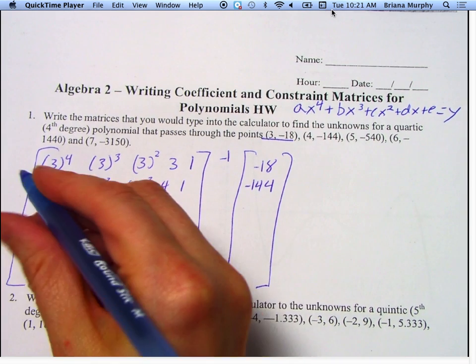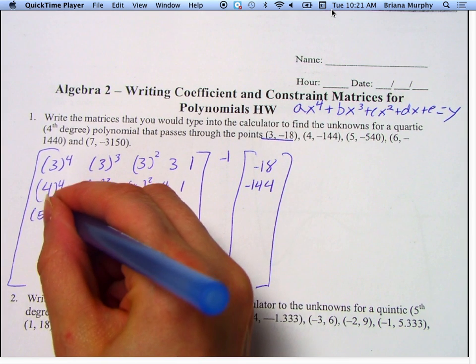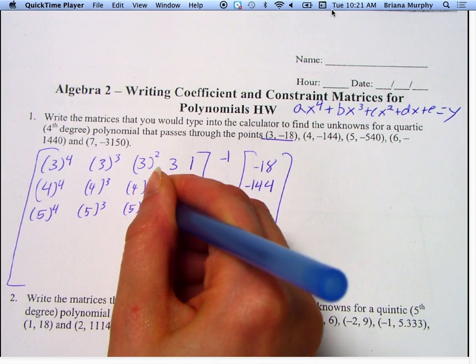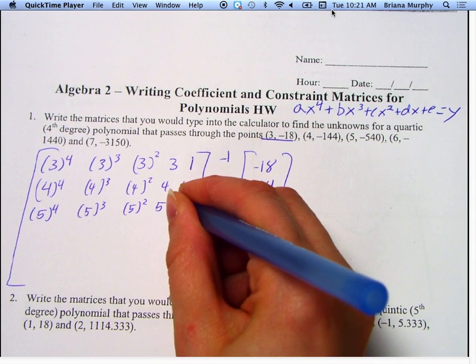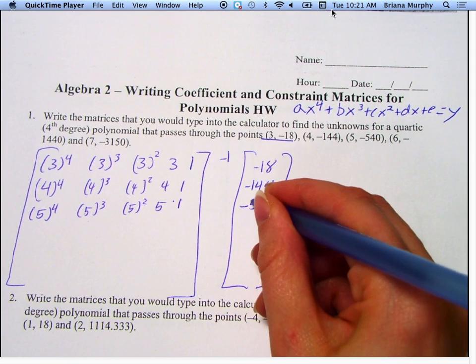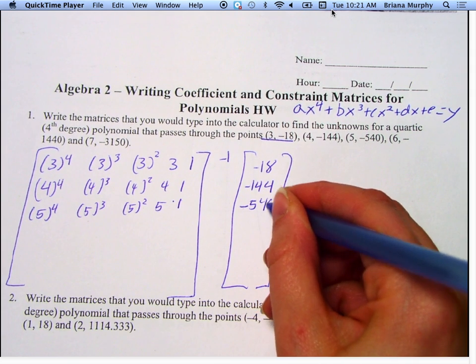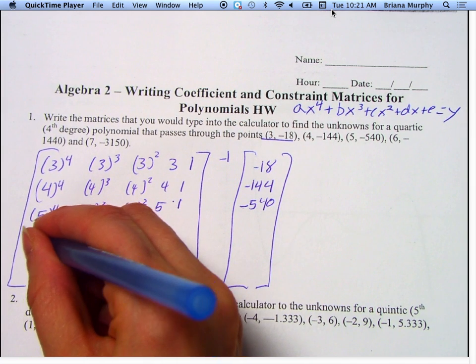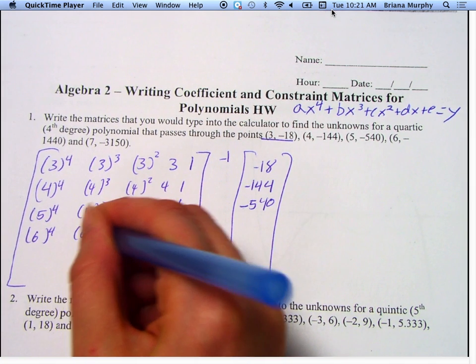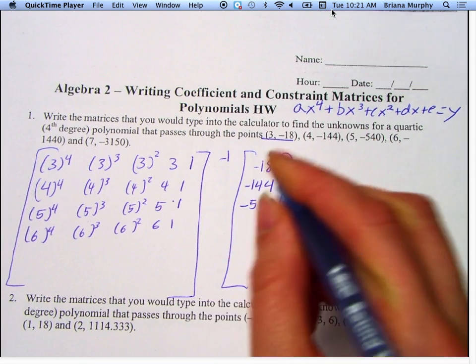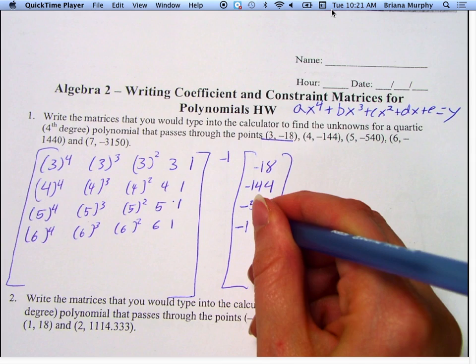My coefficient matrices, I'm going to go 5 to the 4th, 5 to the 3rd, 5 squared, 5 and 1, and in my constraint matrices negative 540. And I get 6 to the 4th, 6 cubed, 6 squared, 6 and 1, and I get negative 1,440.